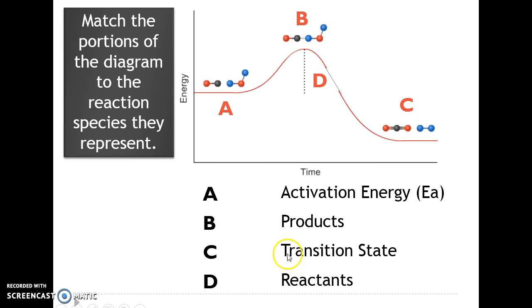Letter C represents the products. And D is the activation energy, the energy required to get the reactants to turn into the transition state. And this specific reaction releases energy, because the energy of the products is less than the energy of the reactants.